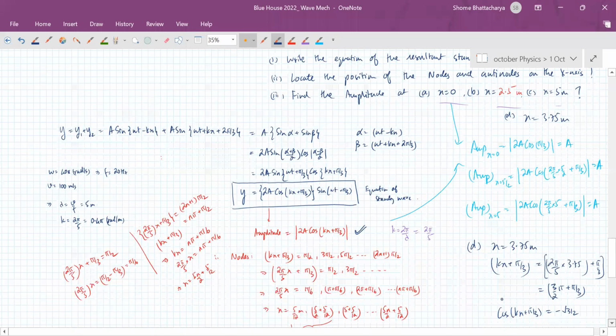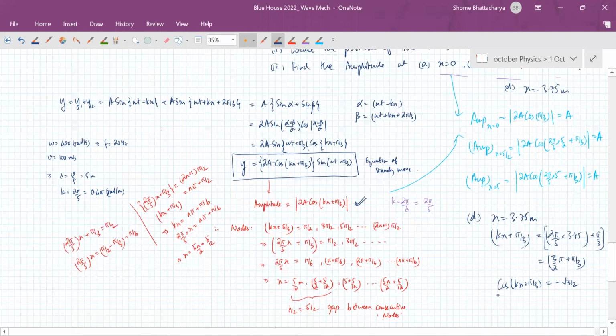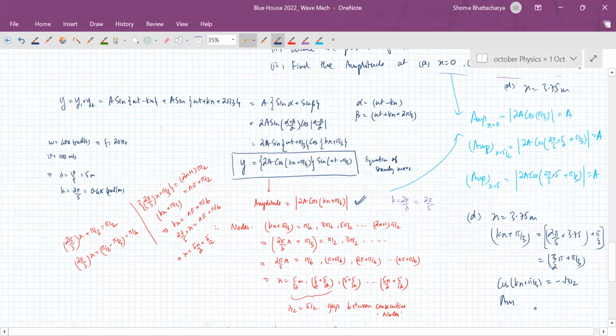So the amplitude becomes root 3 times a. So this is how you can see that the amplitude is position dependent. At different points, the amplitude has different values.